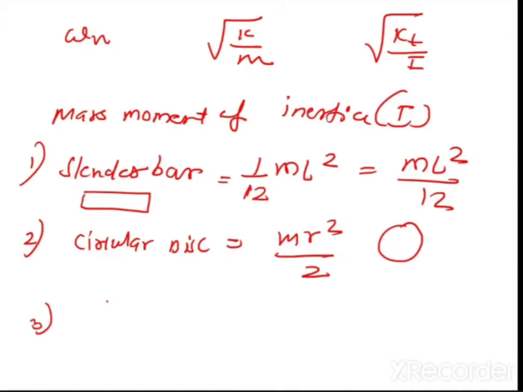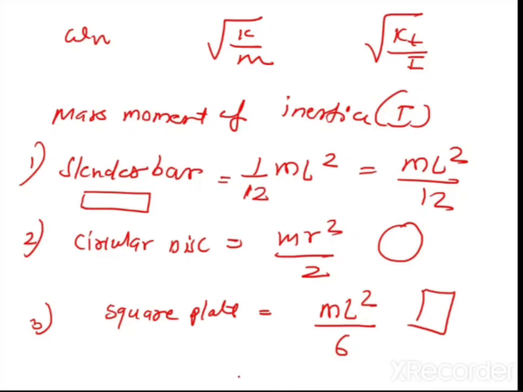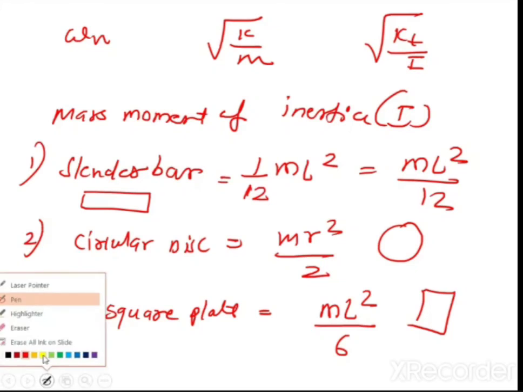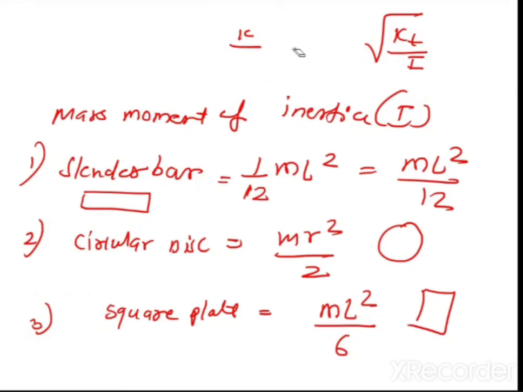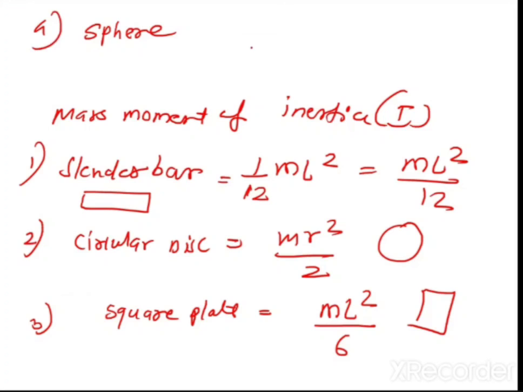And third, if it is a square plate, anybody, what is it for a square plate? m L square by 6. And last but not least, a sphere. If it is a sphere, number 4, you are getting 2 m r square by 5.